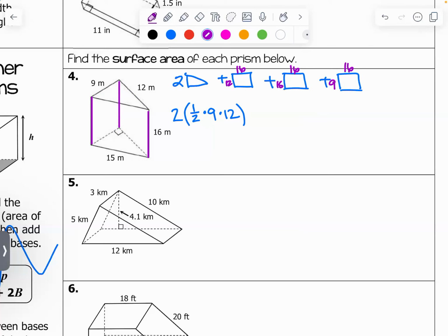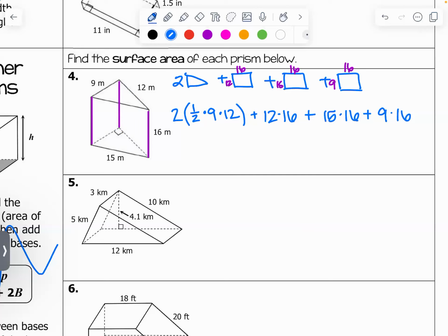You don't necessarily have to label that right there, but I'm just trying to help you visually see it. So we need to find this area 12 times 16, this area 15 times 16, and this area 9 times 16.